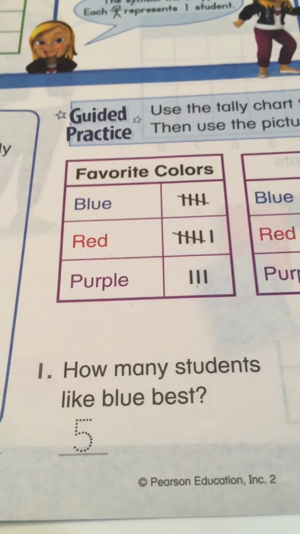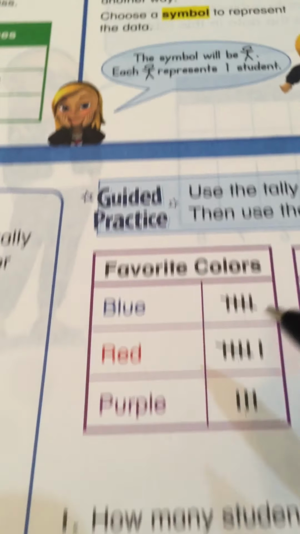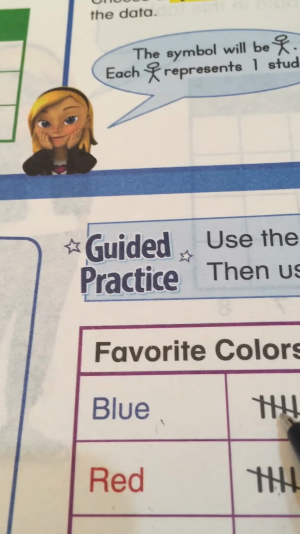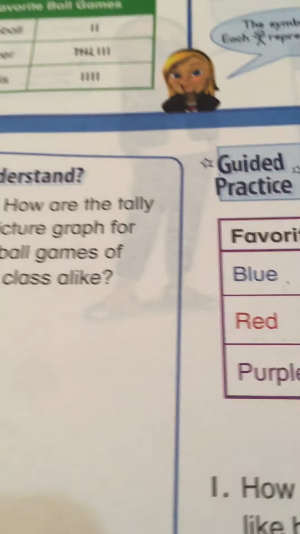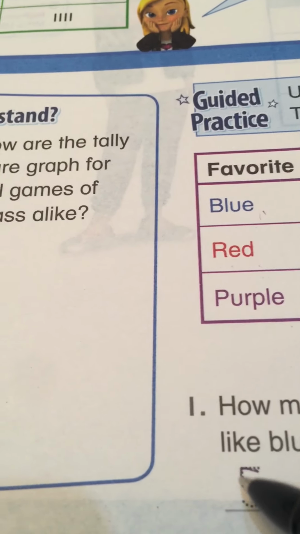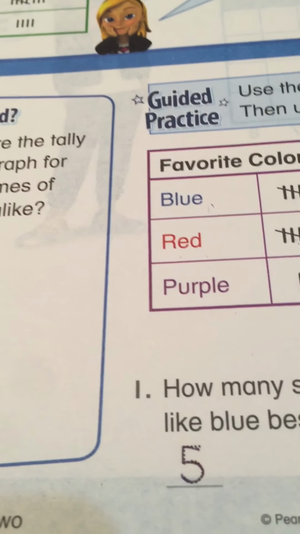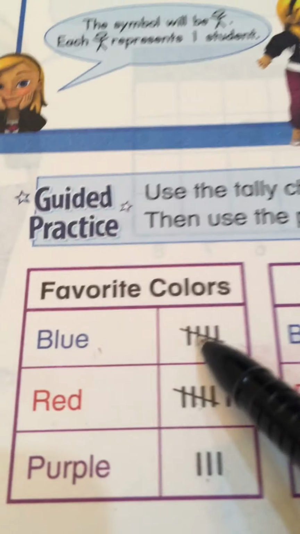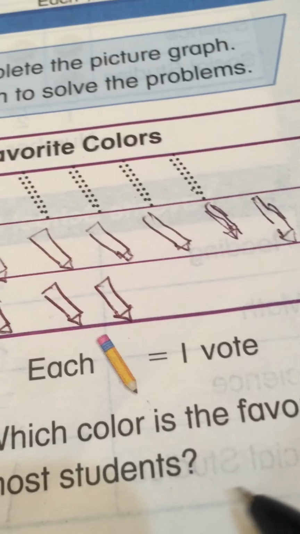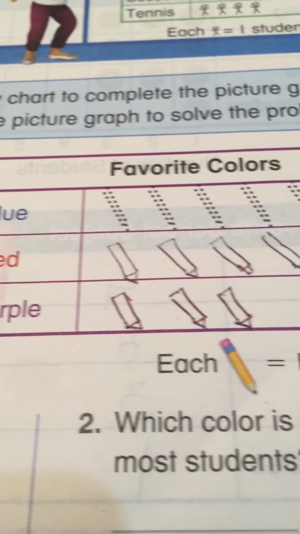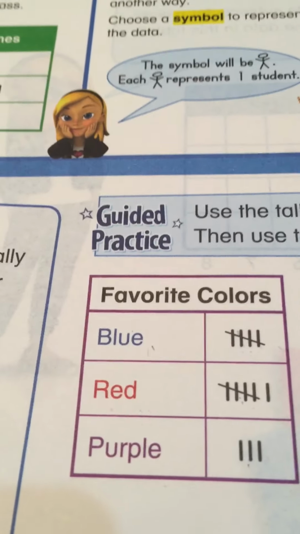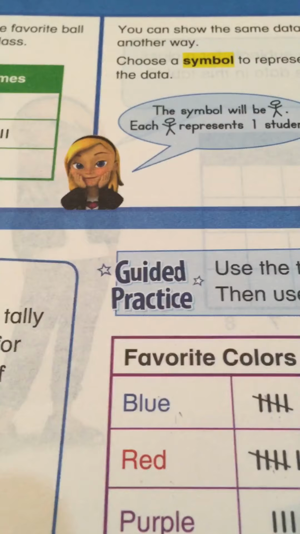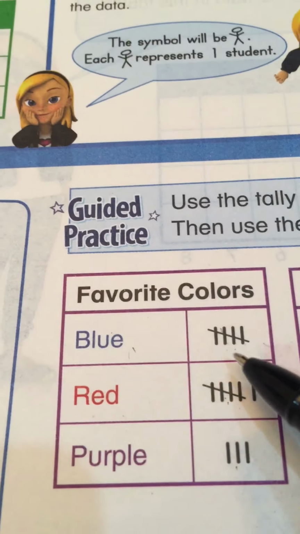They ask us how many students like blue best. Here the blue is 1, 2, 3, 4 and slide over. That means it's 5. So they already put 5 for us. Let's highlight it. So 5 students like blue. Then which color is the favorite of most students? What we mean by most students is the biggest number. So how many students like blue? We have 5.